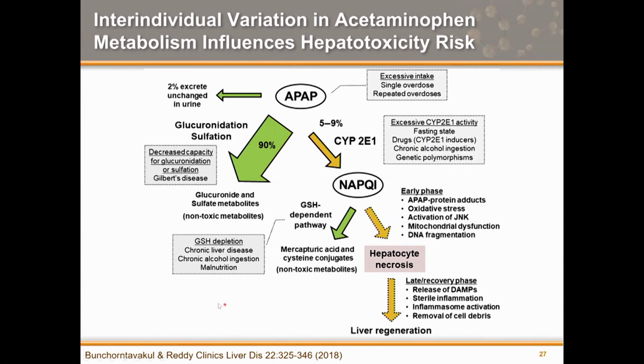In all of these cases, that would decrease the ability of our bodies to glutathione conjugate NAPQI as a way to detoxify this compound. And then more NAPQI has the potential to cause hepatotoxicity.